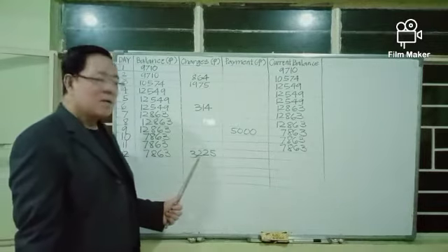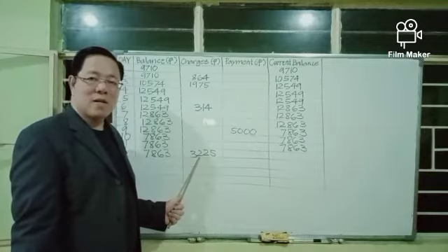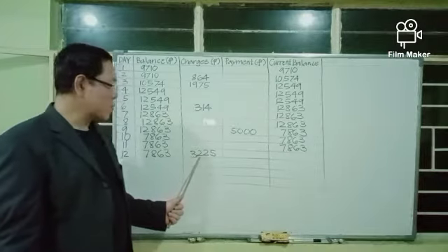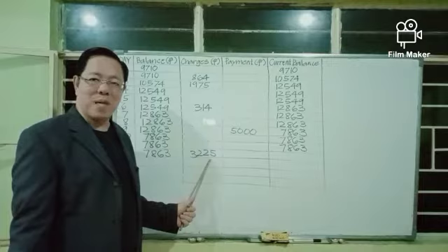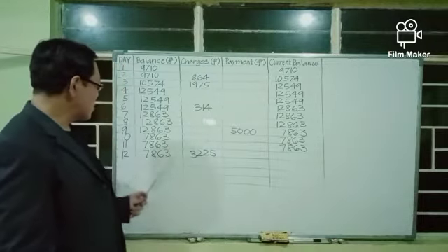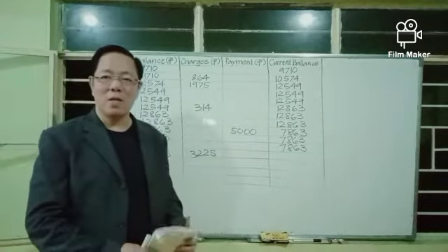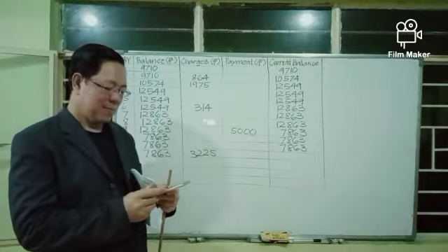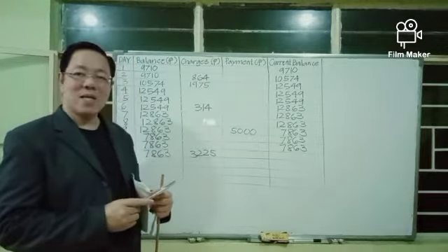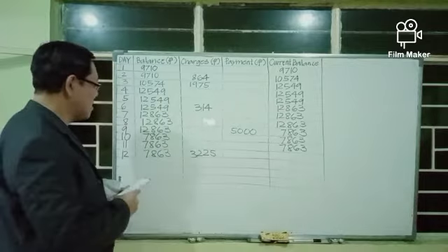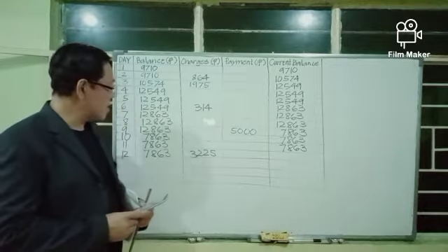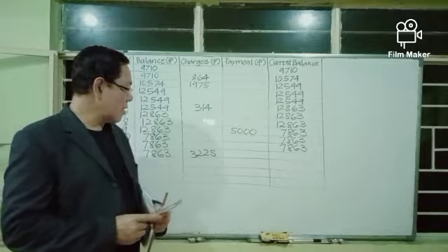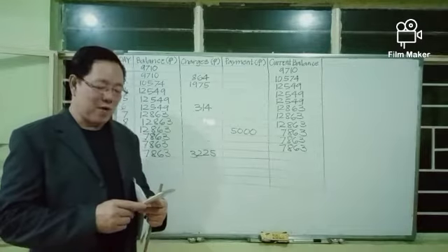7,863 plus the charges on her credit card on November 12 for groceries worth 3,225 pesos. And we get the total of these two using our calculator. 7,863, the current balance at the beginning of November 12, plus the charges on her credit card worth 3,225 pesos.